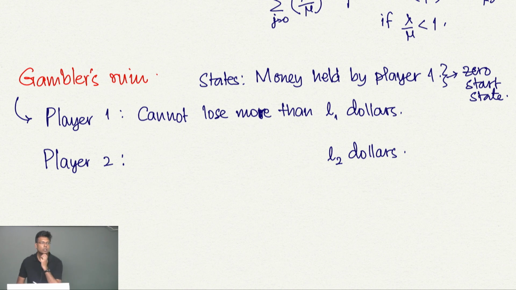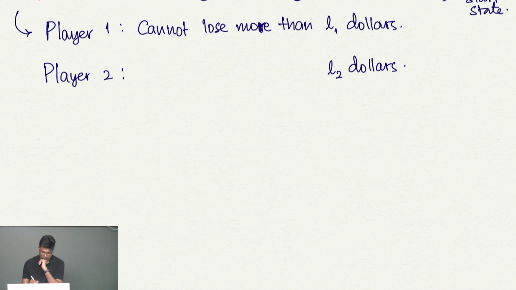So essentially you can assume that you are going into credit of minus L1. You owe somebody, and up till minus L1 is allowed. If you hit minus L1, you're out of the game. So this is a simple game. There is player 1, starting with 0.